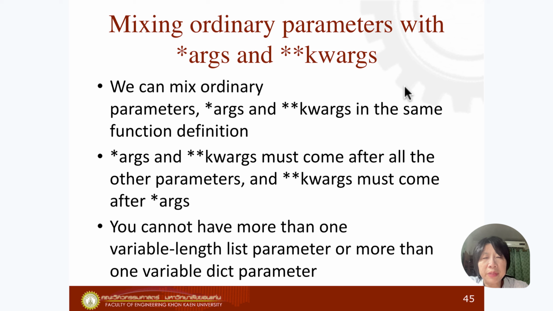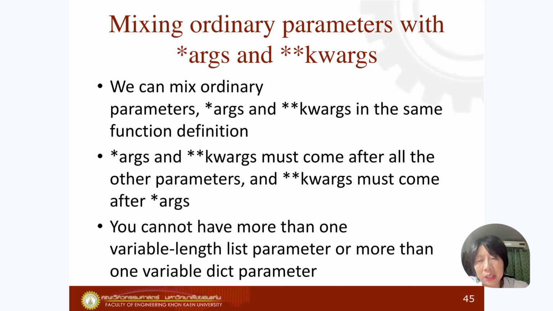Okay, we can also mix star arguments and star star keyword arguments, but star arguments and star star keyword arguments must come after the other parameters, and star star keyword arguments must come after star arguments, and we cannot have more than one variable length parameter or more than one variable dict parameter.